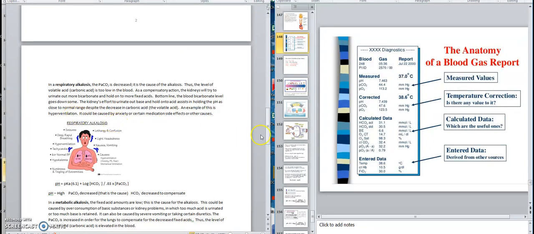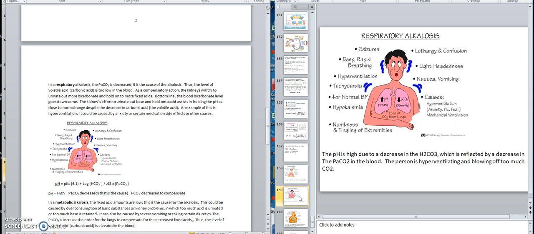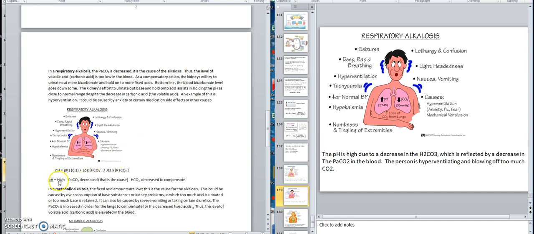It could be caused by anxiety and various things. Let's look at it. So here we are in a respiratory alkalosis. Hyperventilation, anxiety could have done it. Okay? So when you look at it real quickly, the pH is high because it's alkalotic. The PaCO2 is decreased because you're breathing too hard. And the bicarb tries to decrease to compensate.